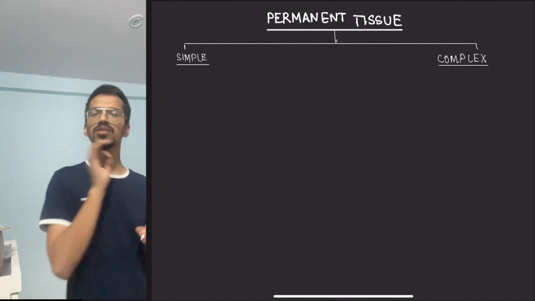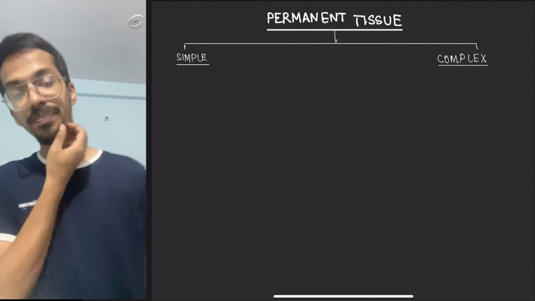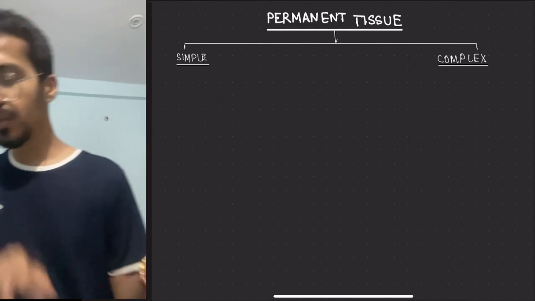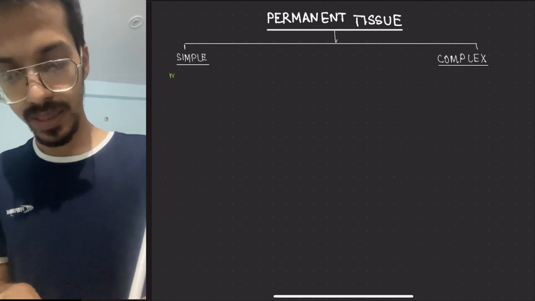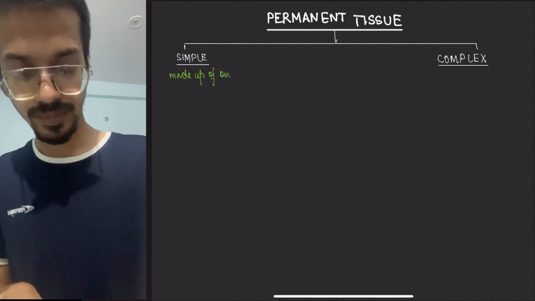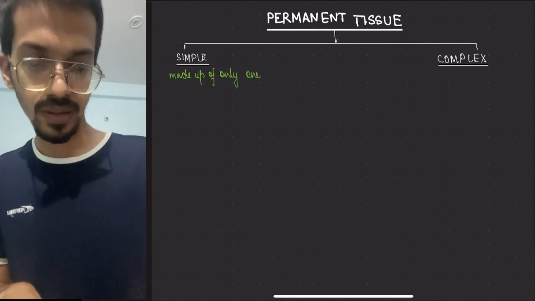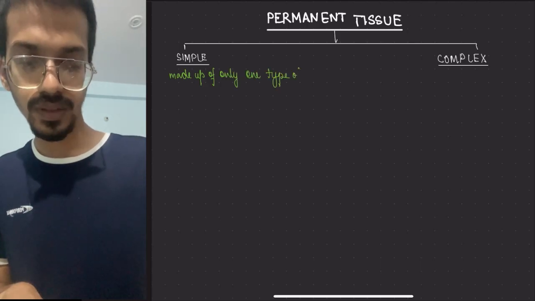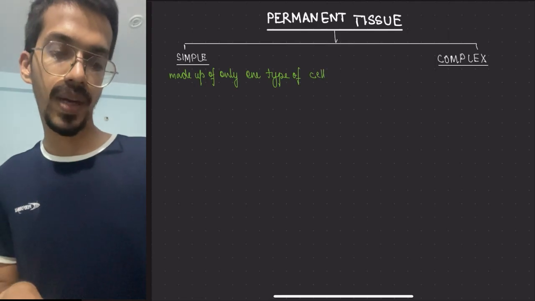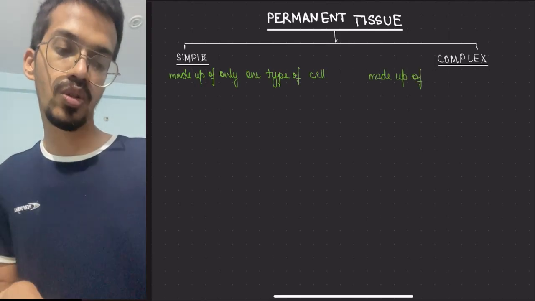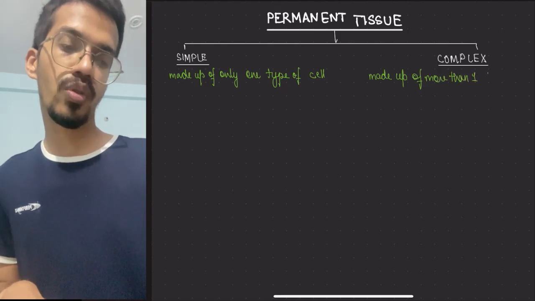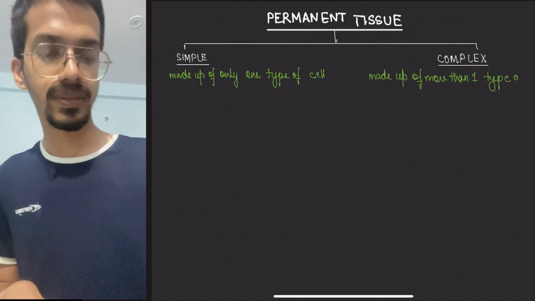Simple permanent tissue is made up of only one type of cell, and complex permanent tissue is made up of more than one type of cell.